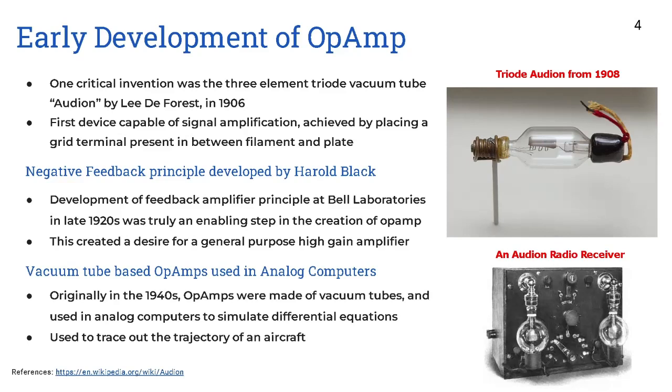As they can be used to simulate differential equations, they were used to trace out the trajectory of an aircraft. These op-amp based analog computers were very widely used in weaponry in World War II. They were used in artillery and radar systems, which generated a hit rate of 90%, which was a ridiculously high number for a missile at that time.